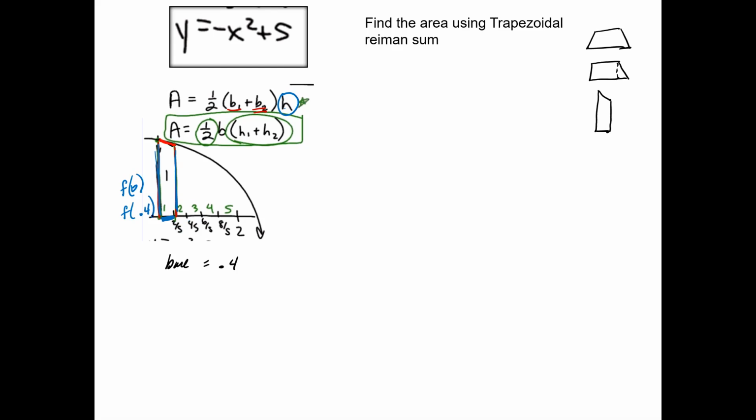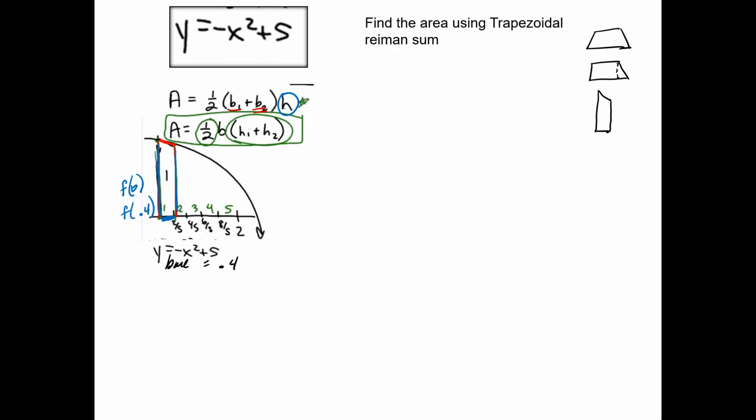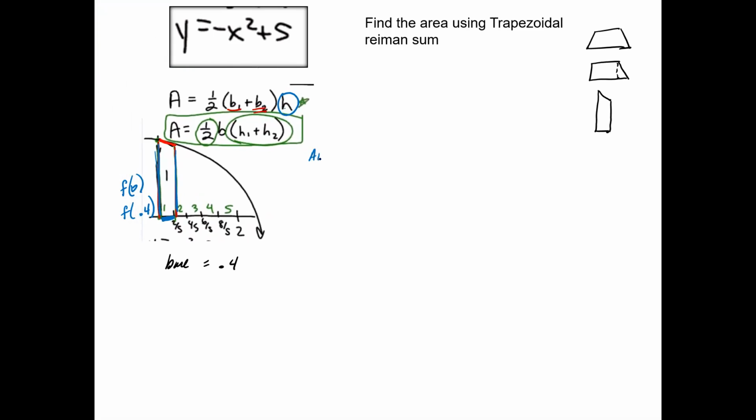And so if I'm going to find the area of the first one here, I will go ahead and do area 1. I'll do 0.5 base, which is 0.4, height 1, so f of 0. And let's make sure you guys have your second calc in there. I don't have mine in there yet, but I will.